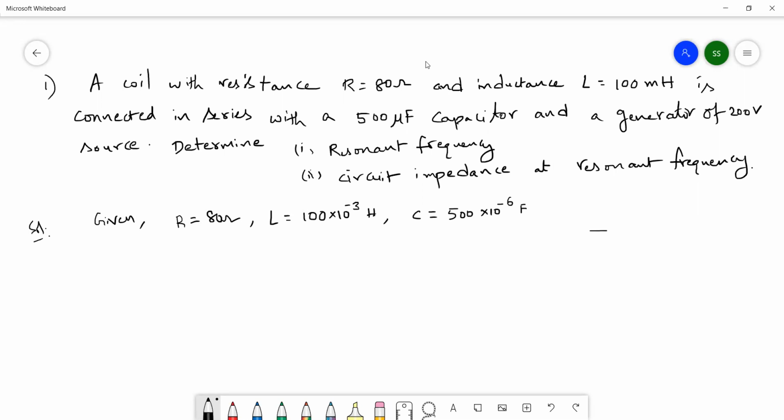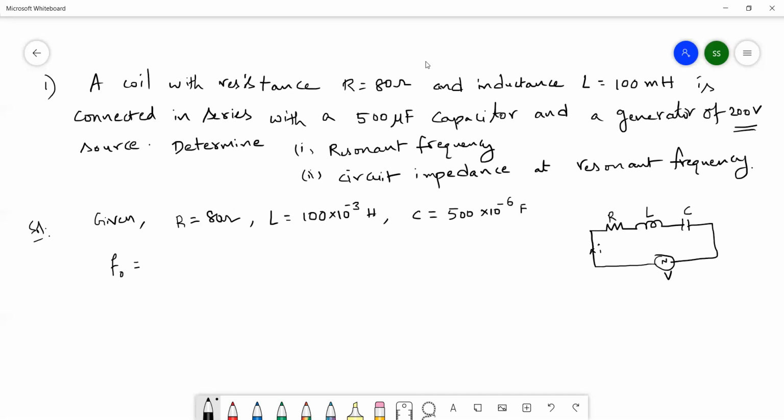All of them are connected in series, so immediately you need to draw the RLC series circuit in your examination. They gave the R value, L value, and C value. Here it is I, and this is the V, the 200 volts generator. Now we need to determine resonant frequency F naught.